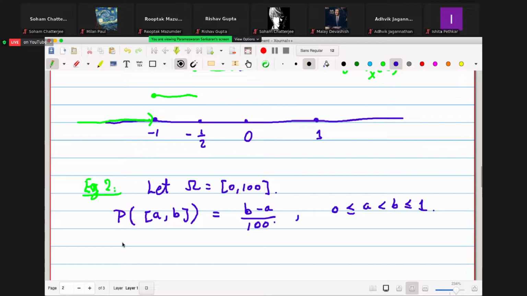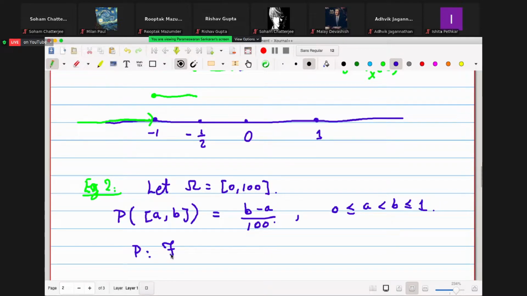Okay, and I am not describing the full P. What do I mean by that? Mind you, this P is a function which assigns real numbers to events. I'm not even telling you what this F is.